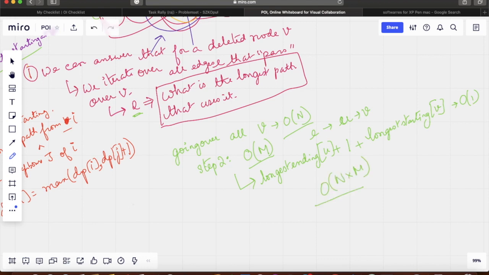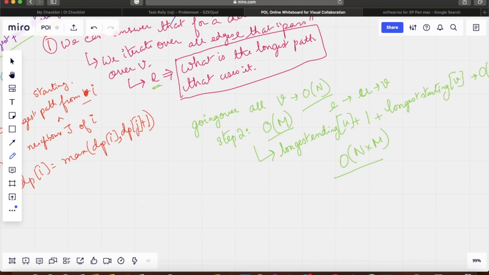So what we are essentially doing here, we have this sequence of nodes, we are deleting one of them, and then we know that the longest path will be making some hops like this, and then it will be using some edge to go over this node, and then it will again be making hops like this. So effectively for every node that we delete, we have to find the best edge that we can get here.